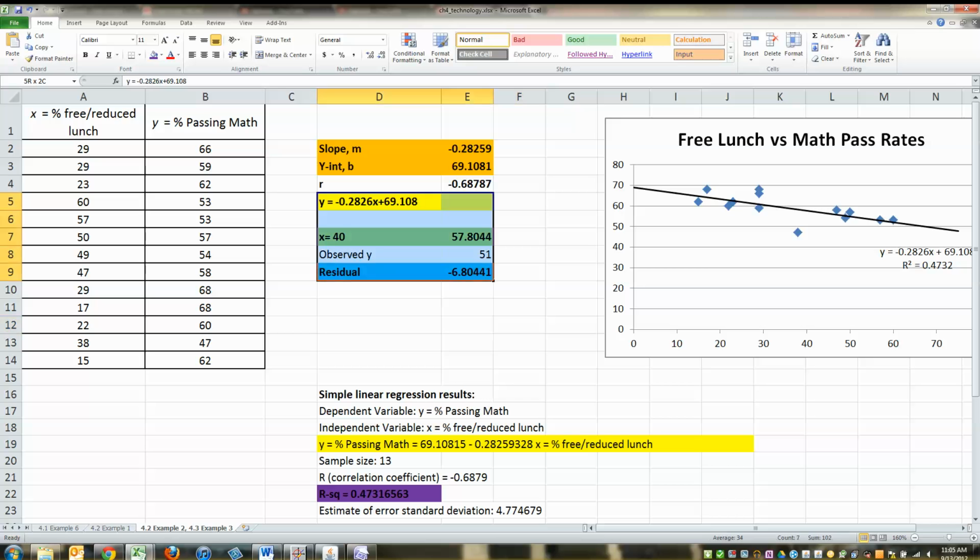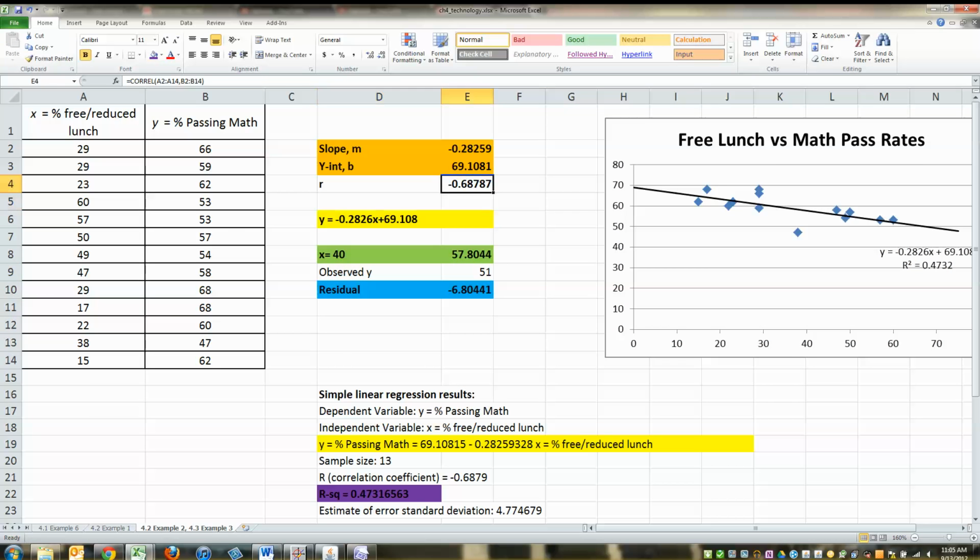Now for finding r squared with Excel, all you have to do really is, if you found r, remember r we found with correlation. So we said, okay, take the correlation for those two variables. You have to type in the arrays and stuff. We already learned that in a previous one. Then you go r squared, and I just type equals that value, caret 2, enter.